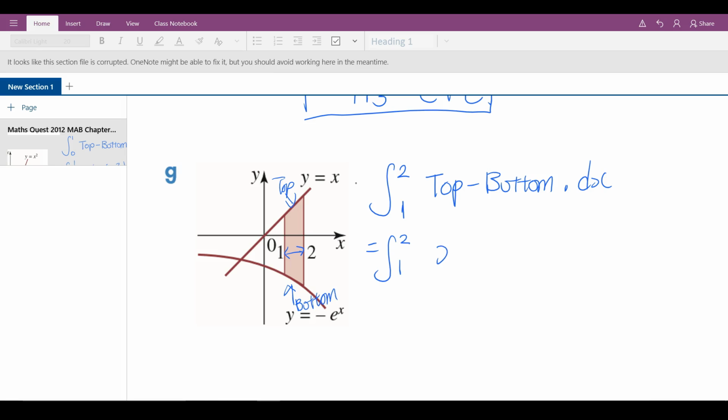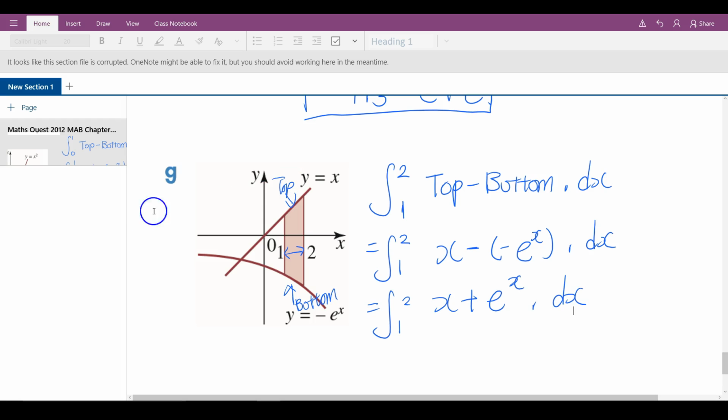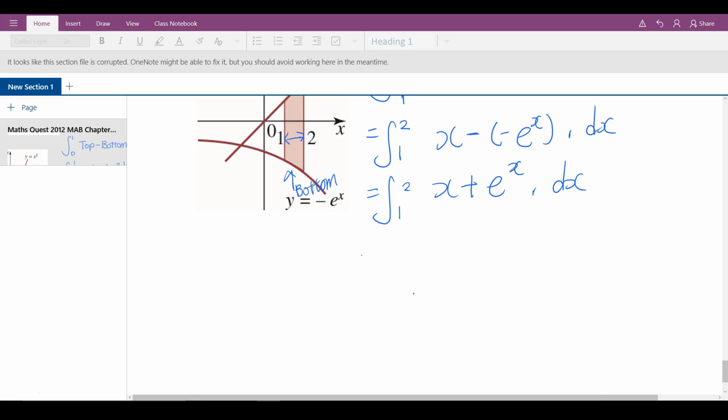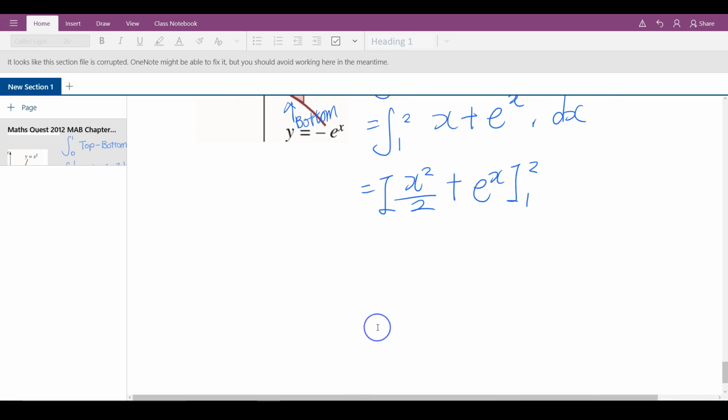So it's x minus negative e to the power of x, integrated with respect to x. The negative becomes positive, so x plus e to the x. Let's integrate them. Integrating x with respect to x gives x squared over 2, plus, as we already did before, integrating e to the x just gives e to the x. The limits are 1 and 2, so let's sub them in.